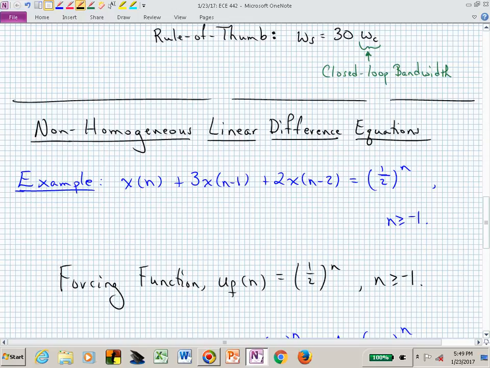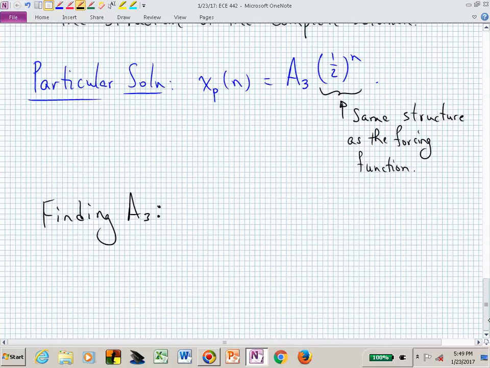Doing that, from our governing difference equation, we have a sub 3 times 1/2 to the n. That's simply x sub p of n. Plus, what was the next one? That was 3 times x sub p of n minus 1. So we have 3, and what's x sub p of n minus 1 going to look like?